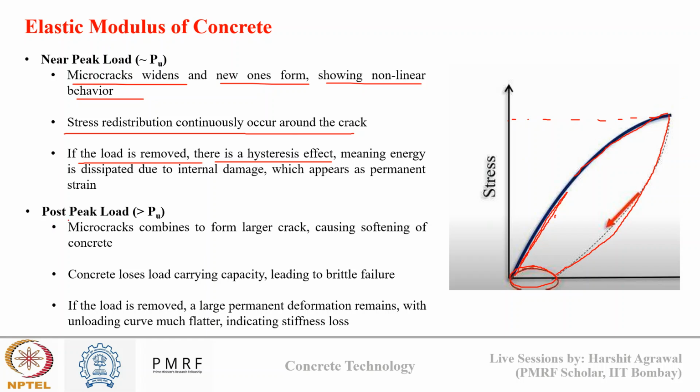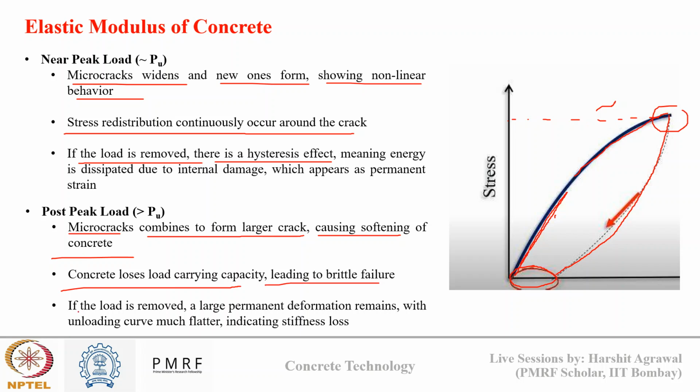Now, what will happen post peak, after the peak? The microcracks that have formed will combine to form a larger crack, which will cause the softening of concrete. All the microcracks inside the concrete will combine and form a larger crack, and concrete will lose its load carrying capacity and show a brittle failure.